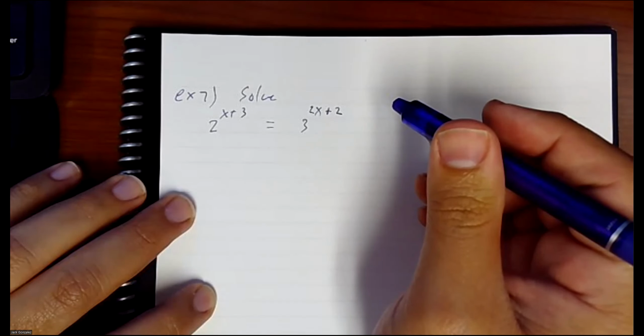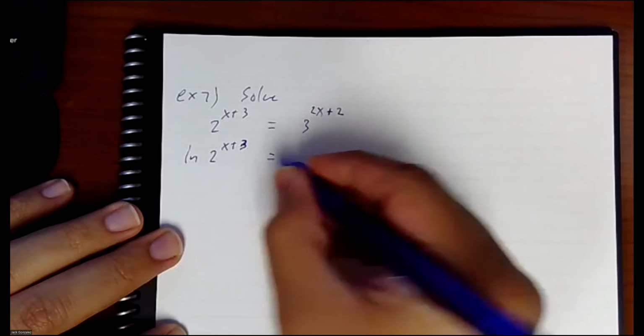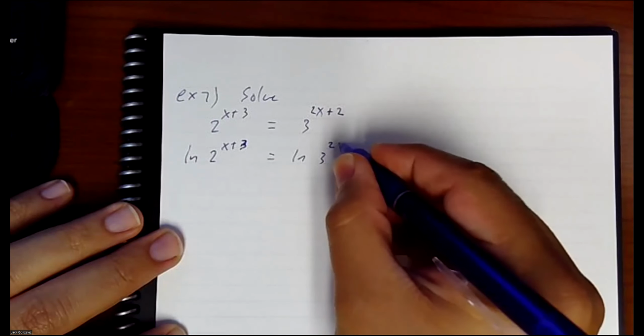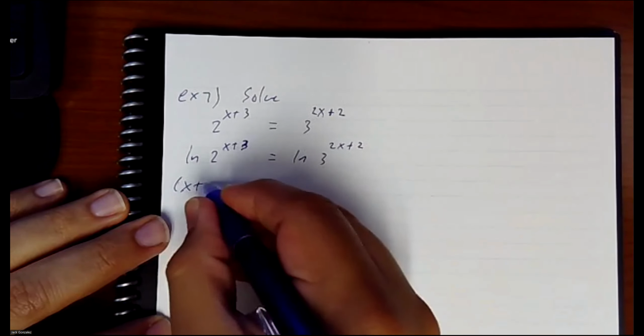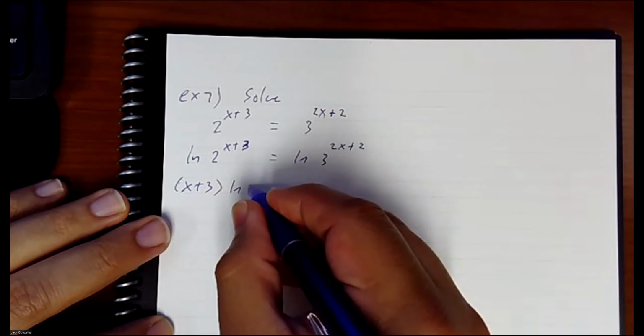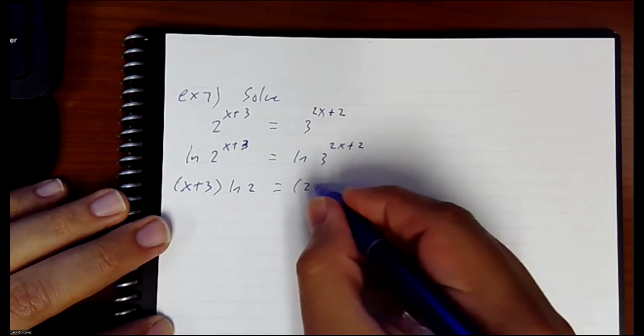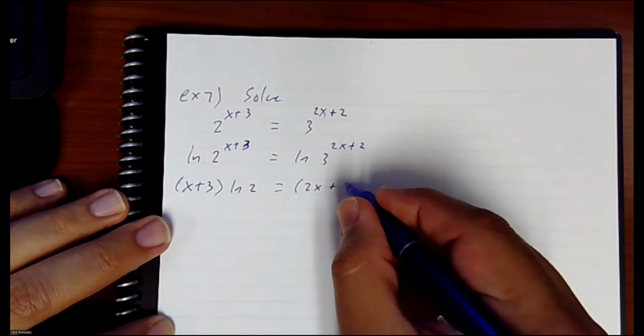So I'm going to have to introduce ln right away on both sides, or some logarithm. Bring down the power in front of the logarithm. Multiply the logarithm out, that'll be ln times these two terms.